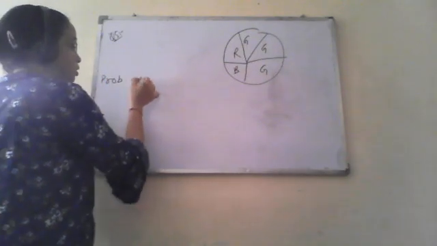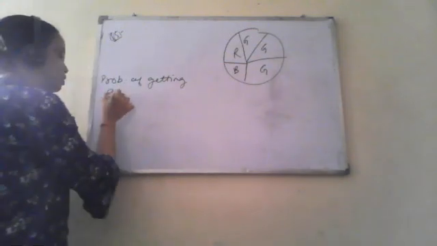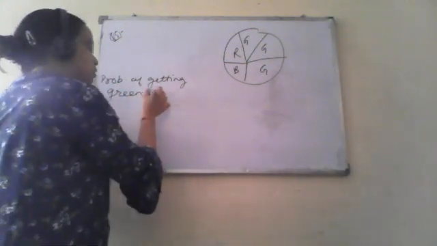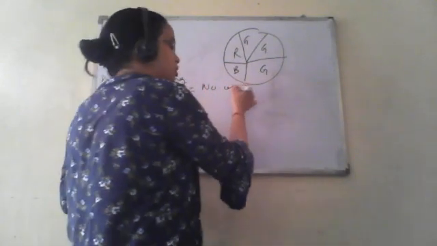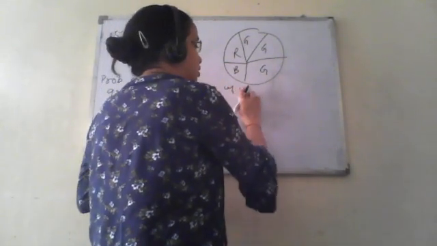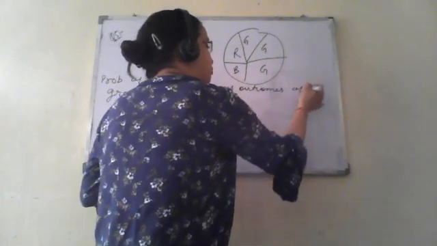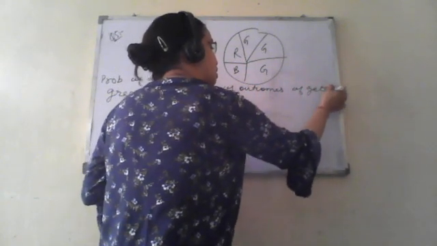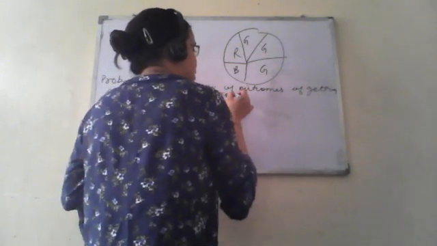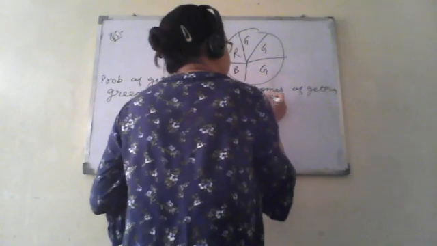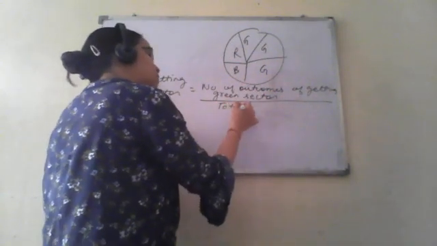Probability of getting green sector. It will be number of outcomes of getting green sector upon total outcomes.